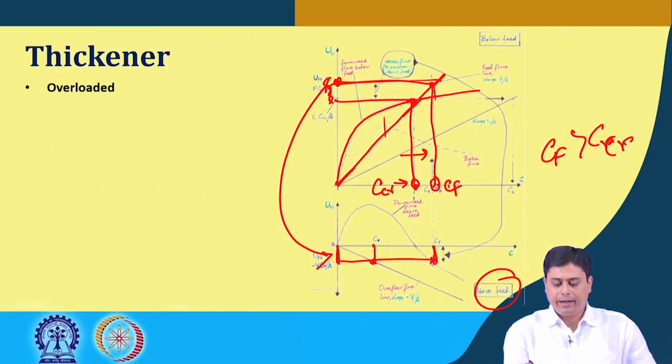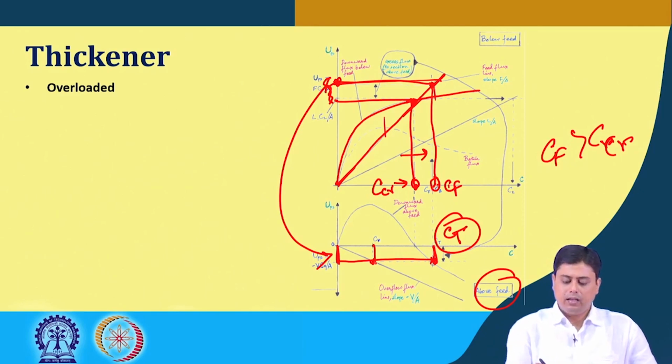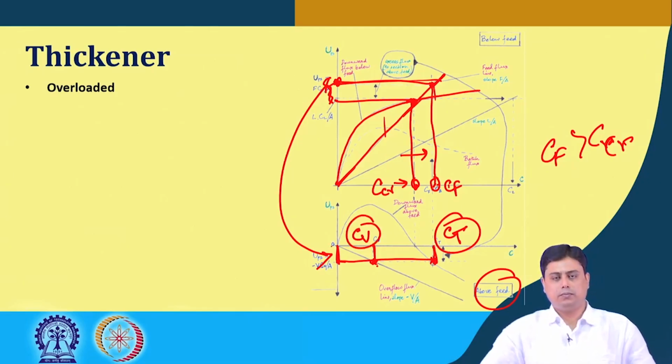The point where it intersects the total curve is CT, the mean concentration at the top section. And the point where it intersects the V by A line is Cv, the concentration in the overflow.